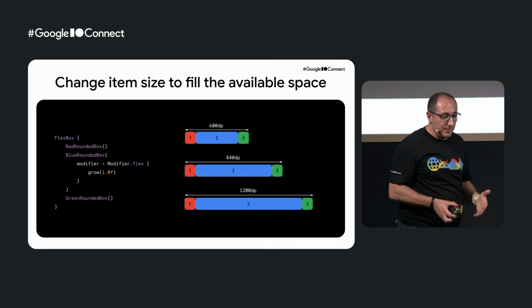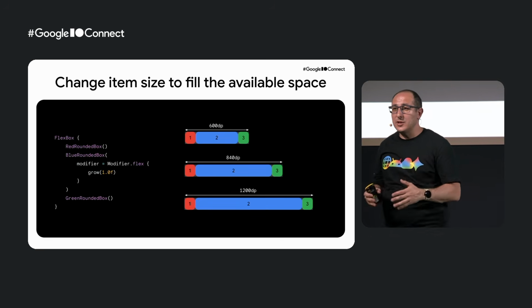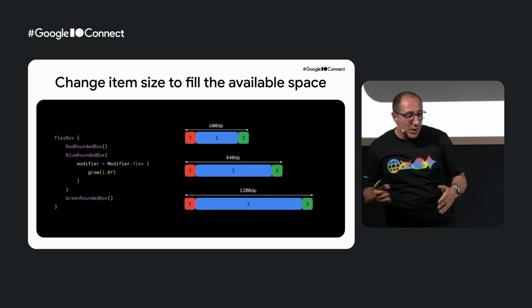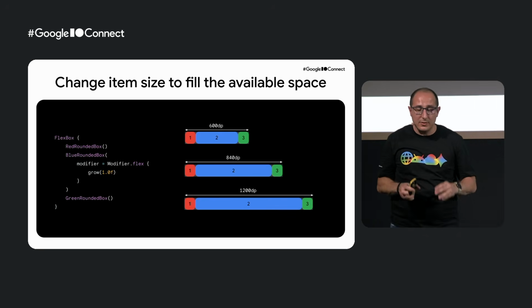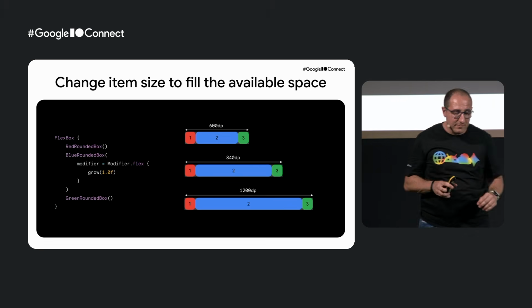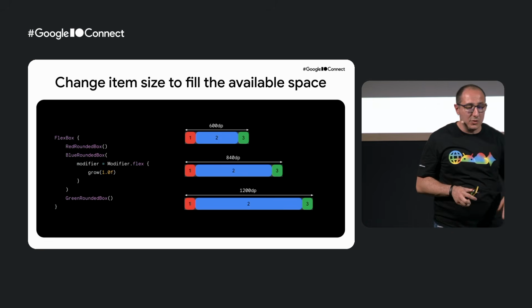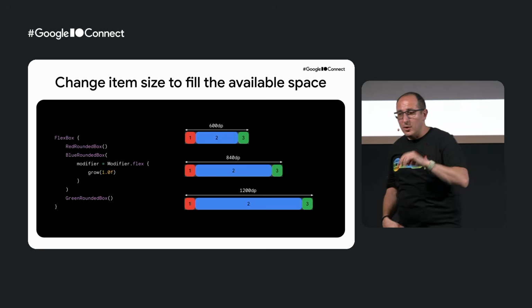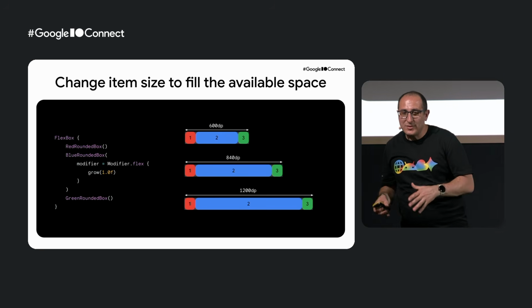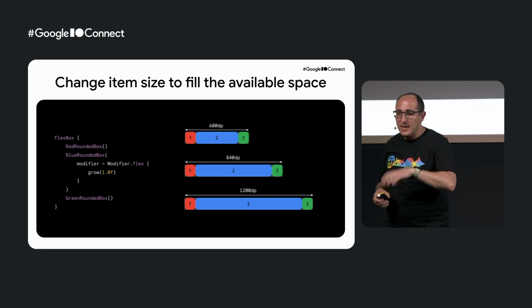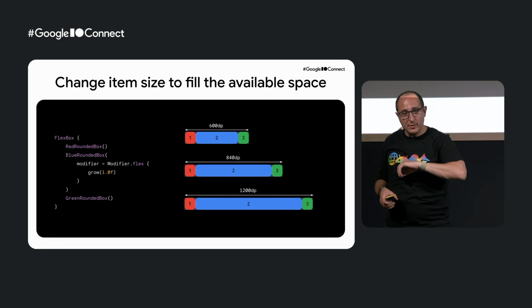What we have here is that FlexBox can ask one of its children to take up all the available space by using the grow modifier inside Flex. So the Flex modifier is scoped to the FlexBox, so it can only be invoked inside a FlexBox. So if you want to abstract data away, you need to pass the Flex modifier from outside of your composable. OK?